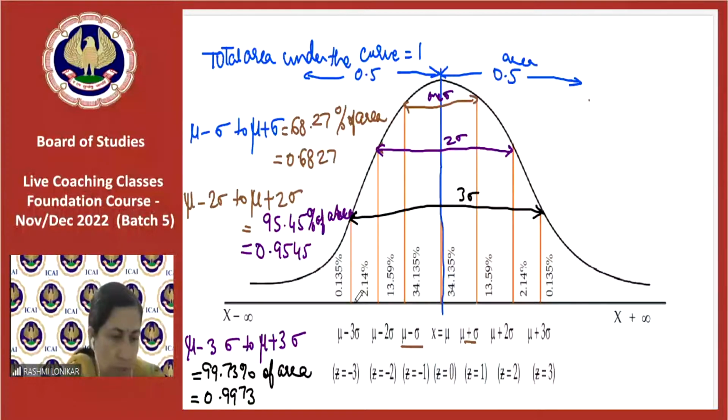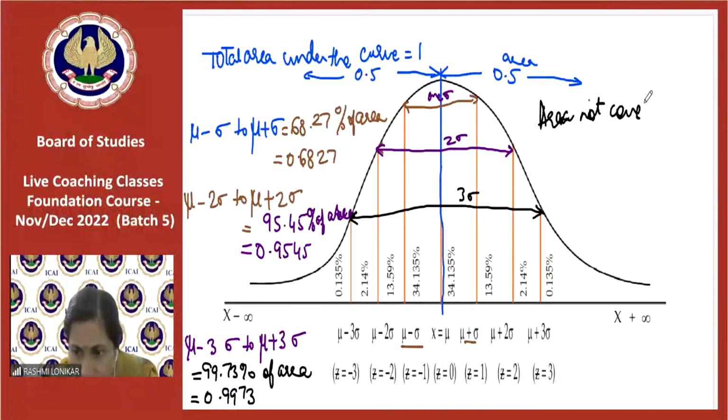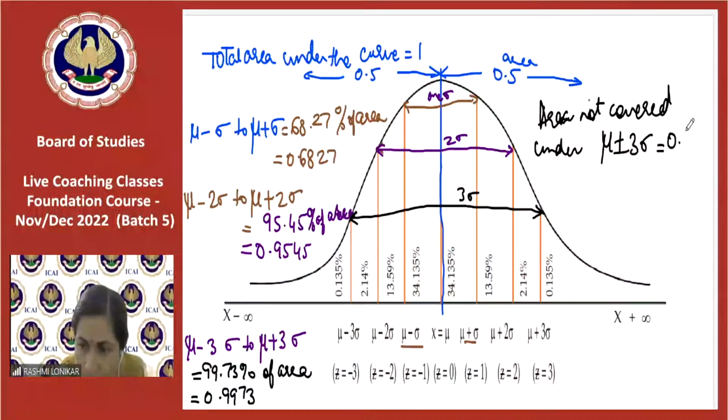This minus this. That is the remaining area not covered under mu plus or minus 3 sigma, which is equal to 0.27%.